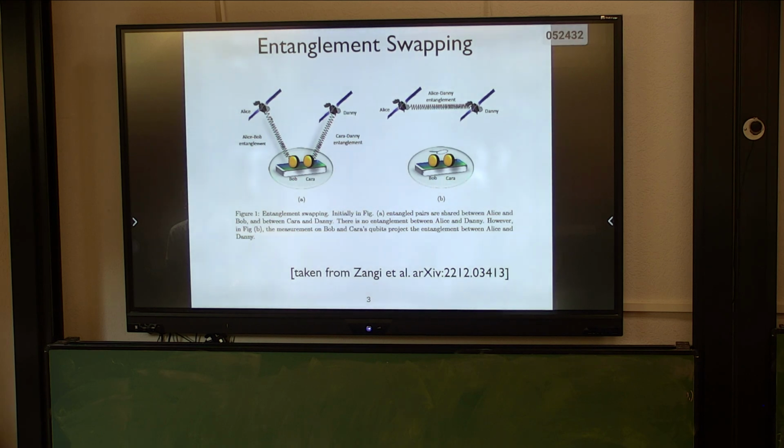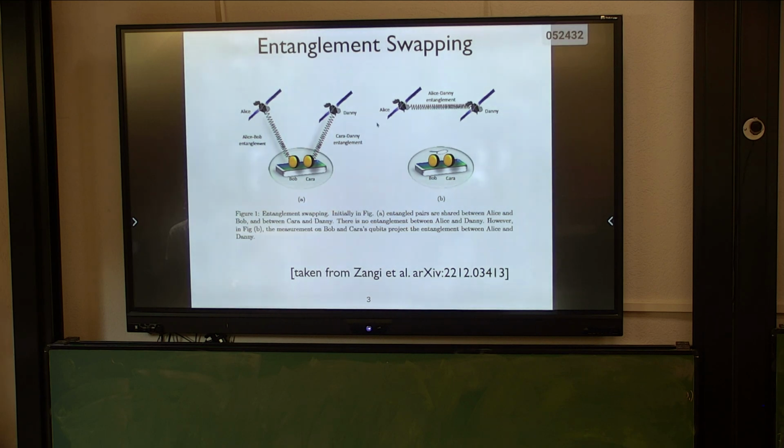Then we perform the pair measurement between Bob and Kara, and afterward Bob and Kara's qubits are maximally entangled. Even though we didn't do anything to the qubits of Alice and Danny, now after the measurement, Alice's qubit is maximally entangled with Danny's qubit.